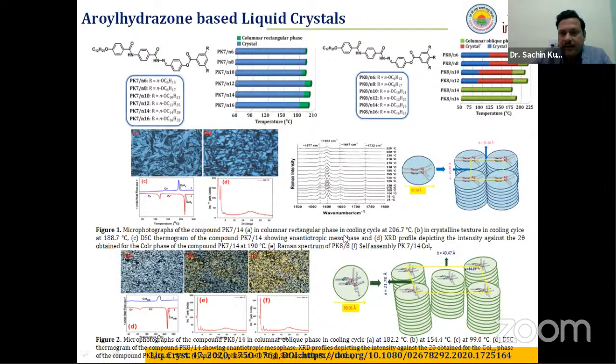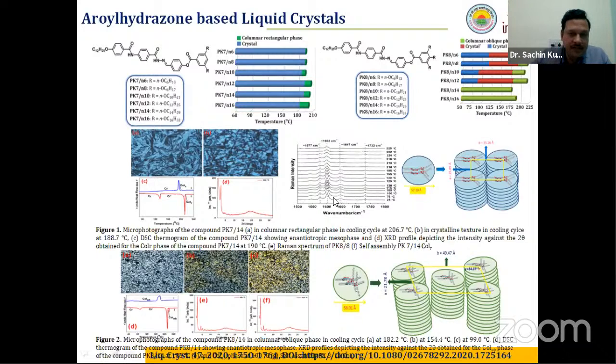To see whether intermolecular hydrogen bonding is involved in the mesophases, we did X-ray diffraction as well as temperature dependent Raman analysis. Even SERS and TERS analysis were done. You can see that up to 210 degrees Celsius, these intermolecular hydrogen bonds are still stable.